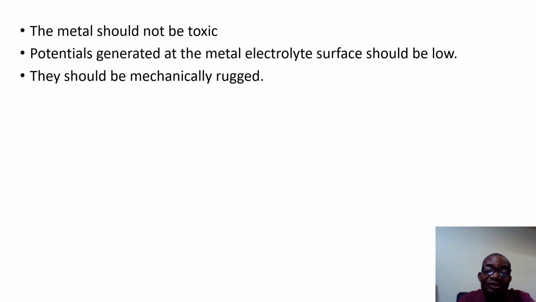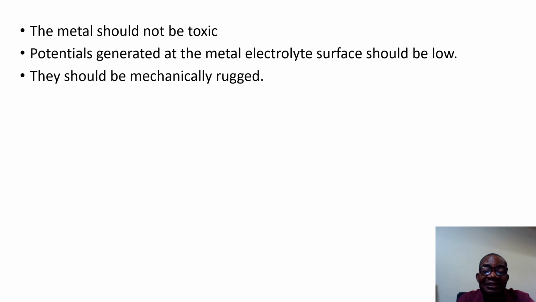Also, bioelectrodes should be mechanically rugged, meaning that they should not, for instance, break in the process of using them. Imagine you are using a bioelectrode needle to take measurements on a person, and the bioelectrode breaks and enters the person's skin. You see that it can create problems for that person.